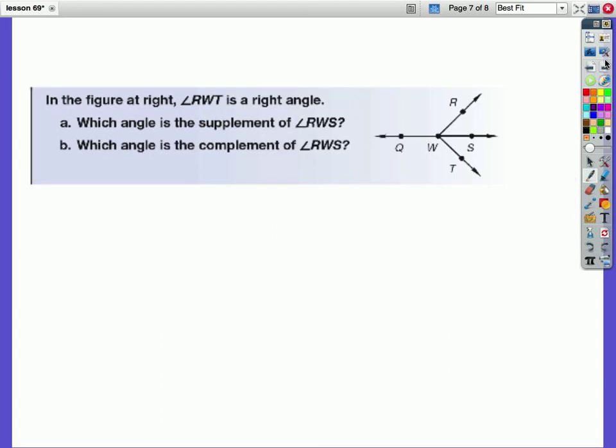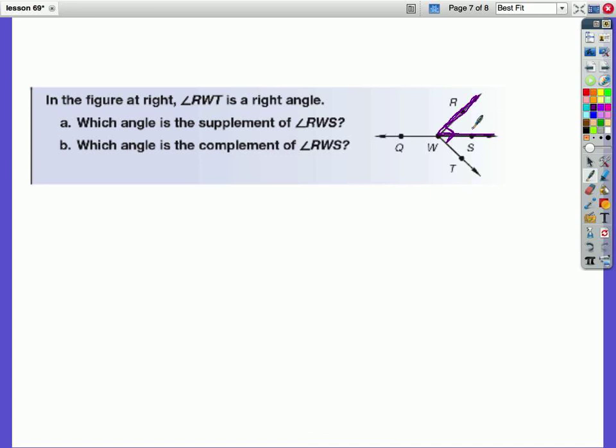So looking at this example, on the figure at the right, angle RWT is a right angle. So I'm going to draw this to show that that's a right angle. Letter A says which angle is the supplement of RWS. So I want to know which angle is the supplement of this angle. Now remember, complements 90, supplements 180. So I want to know what angle with RWS is going to equal 180 degrees.